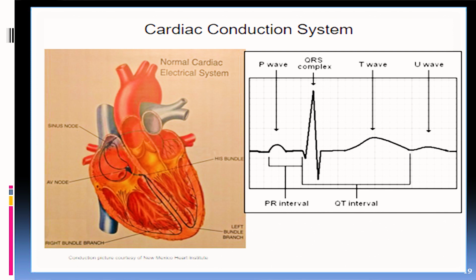So the atrium, they generate activity at a faster rate compared to the ventricles. And the fastest activity is generated by the SA node, which is at the junction of the superior vena cava and the right atrium. And SA node generates maximum electrical activity at a faster rate. So that's why it takes over, because all the muscle, it has to follow that rate.